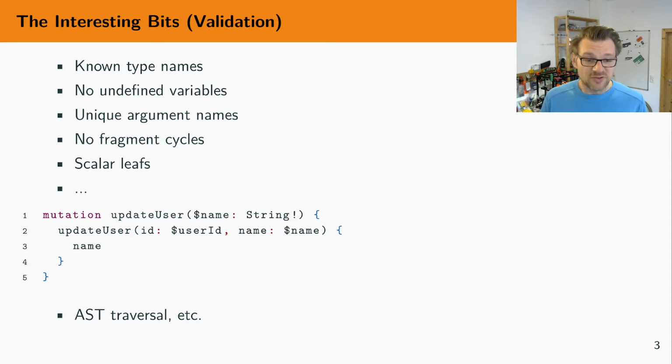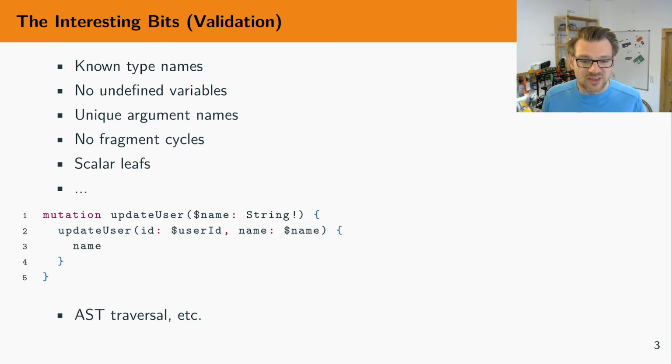What is also very fun to check is that all variables are defined. So looking at this mutation again, and the mutation is basically the POST in REST speak, we see that we have a mutation called updateUser, which takes one parameter called name, which is of type String. And the exclamation mark behind the String basically tells you that this string must not be null. And then inside of this updateUser mutation, we have a call to updateUser, which is the actual function that we want to call on the backend.